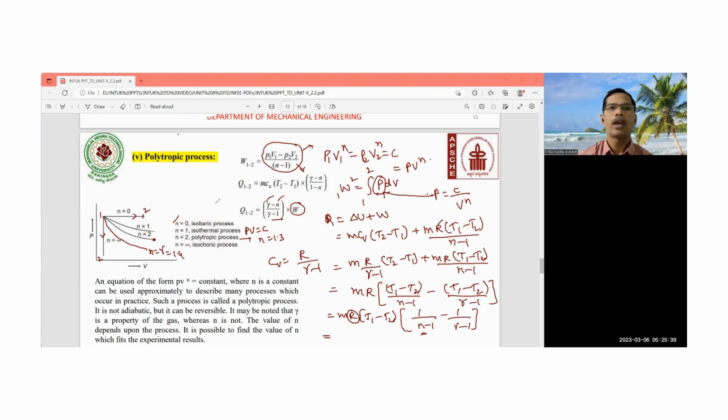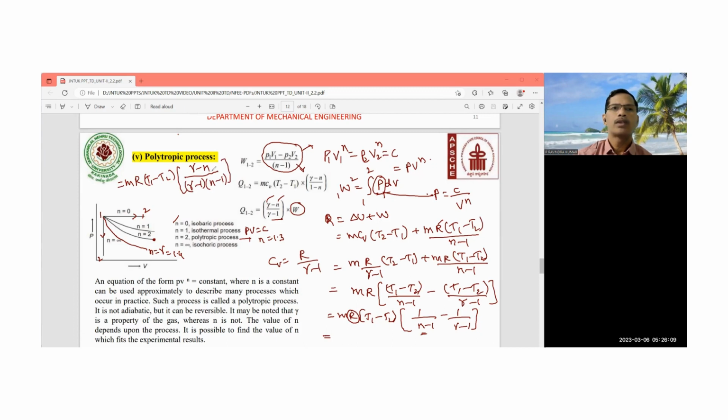So try to be careful about this particular case. So here that is equal to mR T1 minus T2 gamma minus n, that is minus 1 and plus 1, it is getting cancelled, by gamma minus 1 into n minus 1.